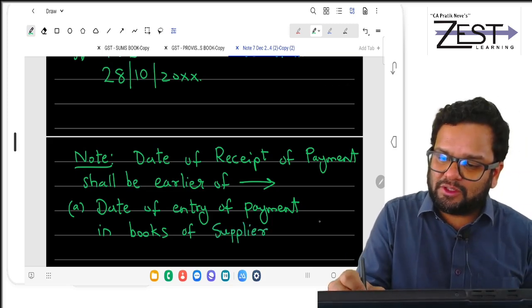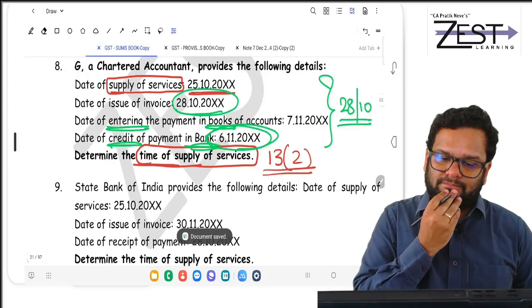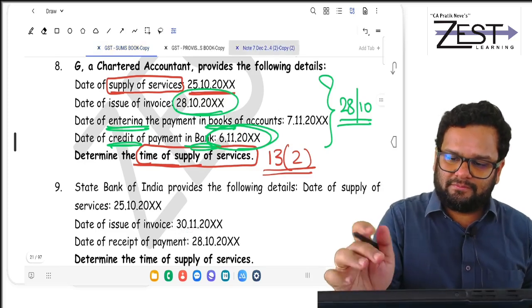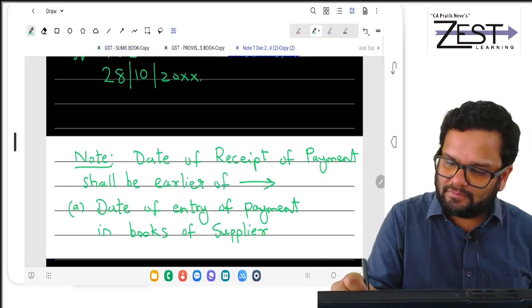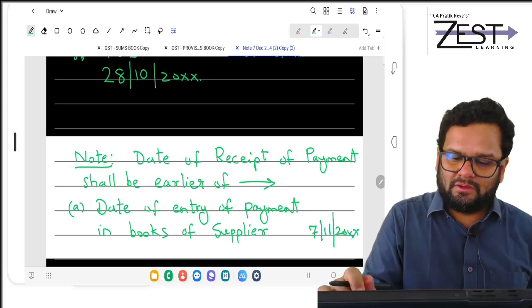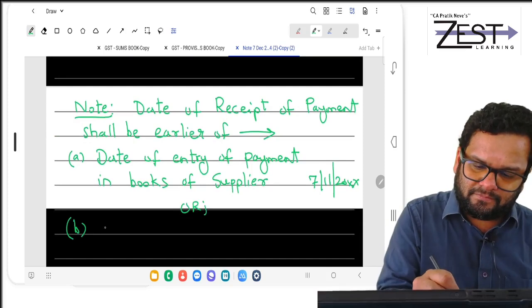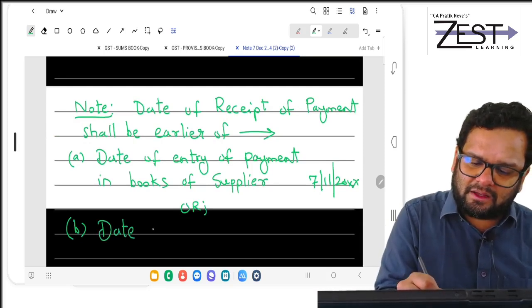In our example, what is that? 7/11. Or date of credit in his bank account.